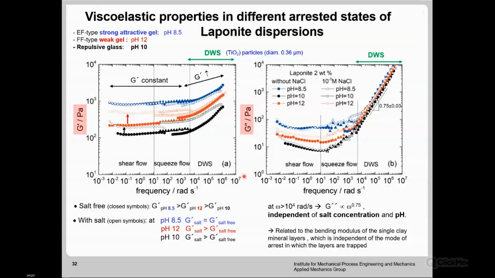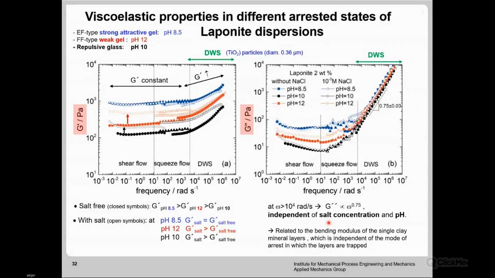For J double prime, we also have good agreement, but we see that at high frequency, all the J double prime curves converge, basically with a slope which stays constant, which is a three-quarter slope in any case, independent of salt concentration and pH. So this means that the bending mode of the single clay mineral layers is independent of the types of gels we have here.